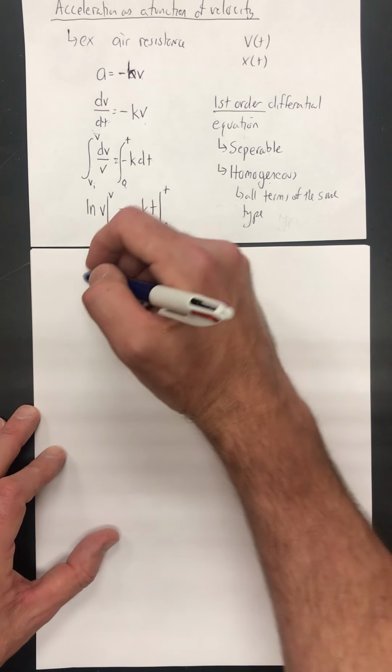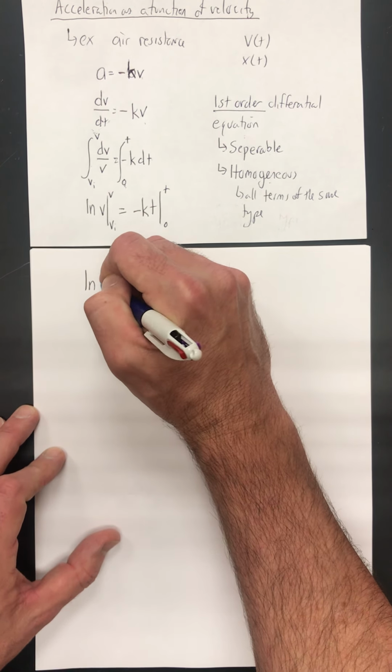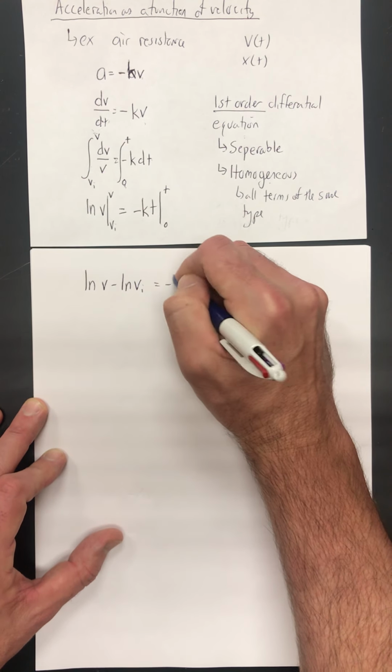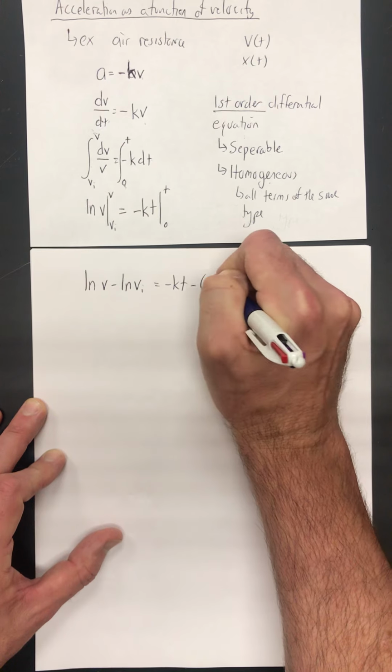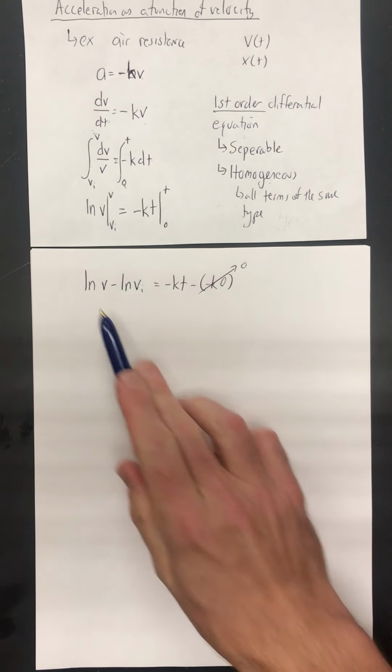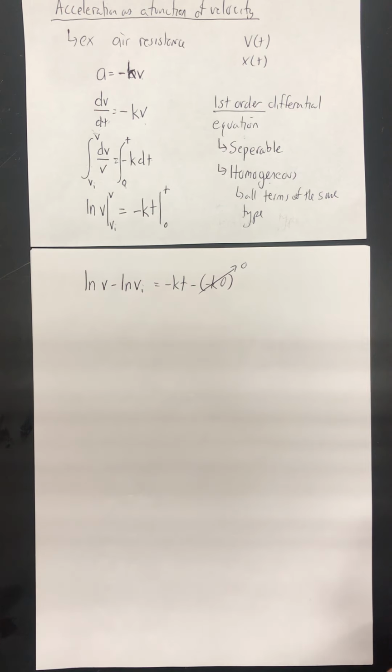So if I evaluate this, I get ln of v minus ln of vi is equal to negative kt minus negative k times 0, and that term goes away. The goal here, remember, is to solve for v, so I've got to get rid of that ln.